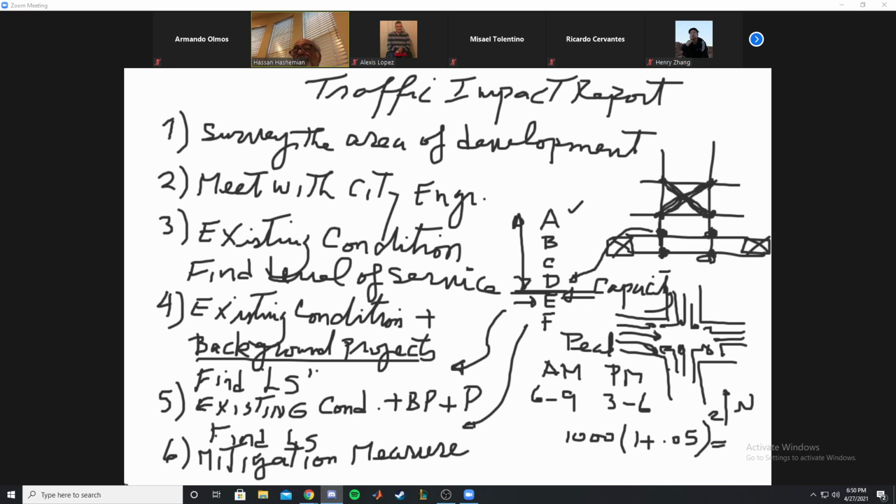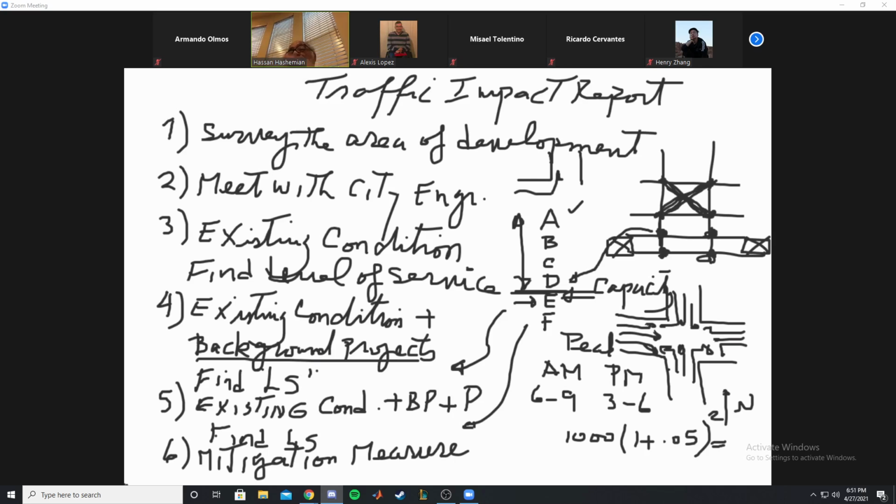That you have to do something so that level of service improves to D or C. For instance, if you find that there is an intersection with too many left turn movements, maybe if we increase the number of lanes from 1 to 2 left turn, maybe that improves the level of service. So that's what we have to do.